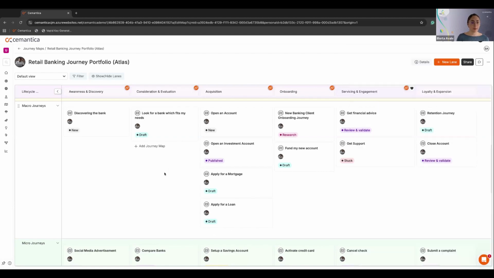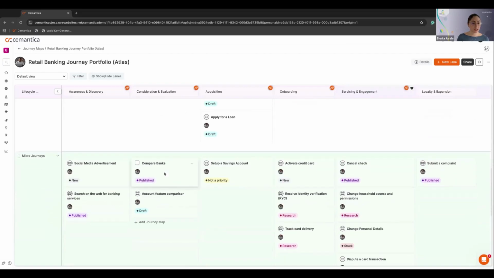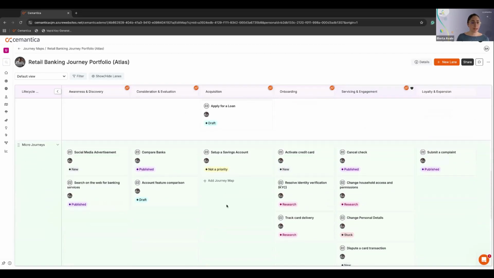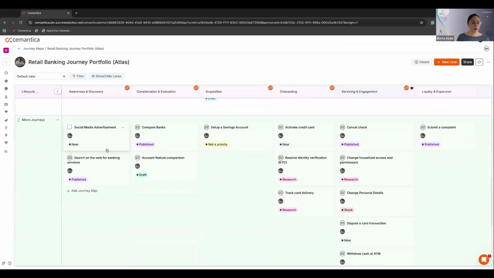Okay. Then we have our micro journeys here underneath, and we can see again, as with the macro journeys, we can immediately see the status here. We can see priority as well. So it's a nice thing, as soon as you see everything in one view. The micro journeys, again, as Anna mentioned, are tasks, smaller journeys, going even more granular down.